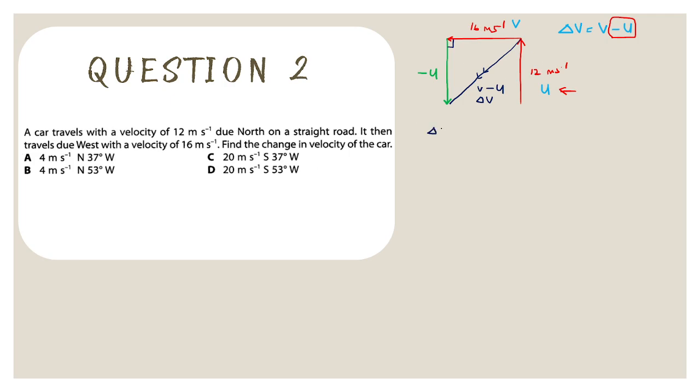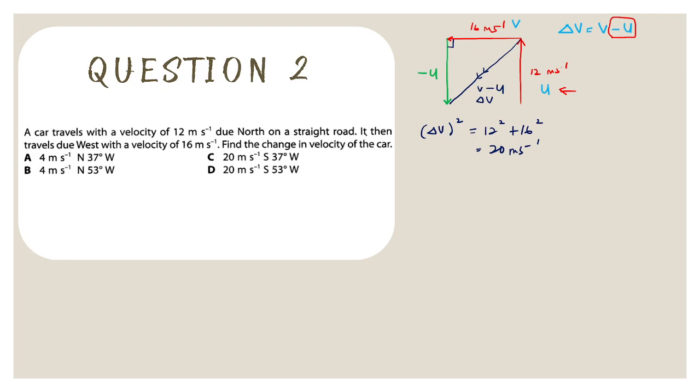So for the change of v, by the Pythagoras theorem, the change squared is equal to 12 squared plus 16 squared. So this one will be 20 meters per second. So the magnitude of the change is 20 meters per second.